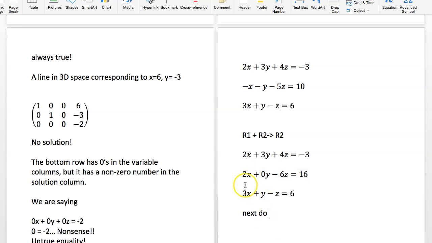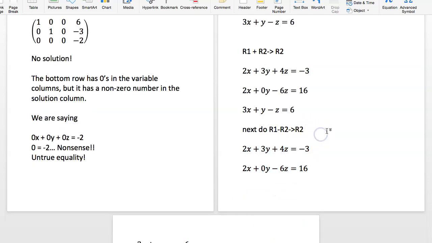Okay. Hey, we got the 2x's, so do row 1 minus row 2, and you're going to want to put that in row 2 because it's off diagonal, right? So, to kill that 2x on the row 2 there. Well, I kind of want to move down the page.